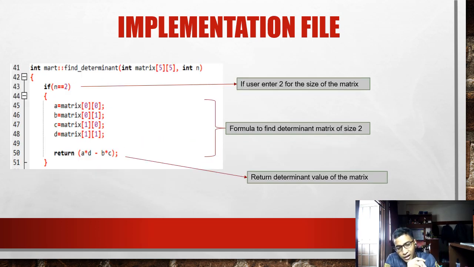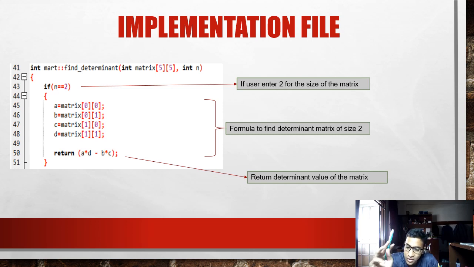Next function is find determinant. In this function, the 2 by 2 case is still easy, very basic. Everyone knows how to find the determinant of a 2 by 2 matrix: the formula is AD minus BC. Find determinant, integer matrix[5][5], integer n. I put an if-else statement here.